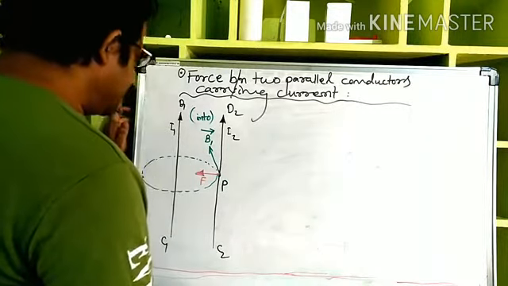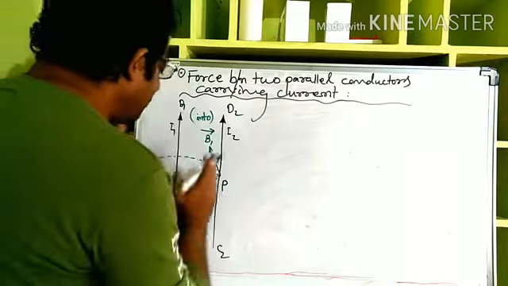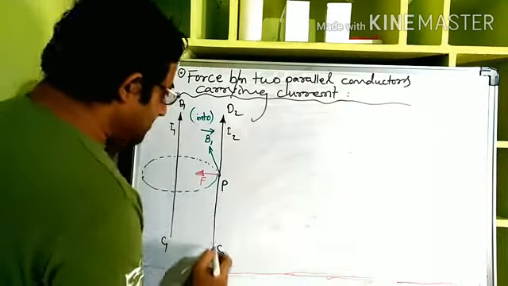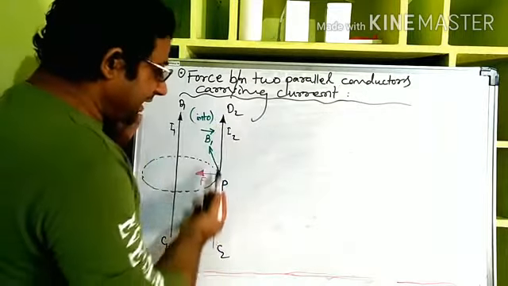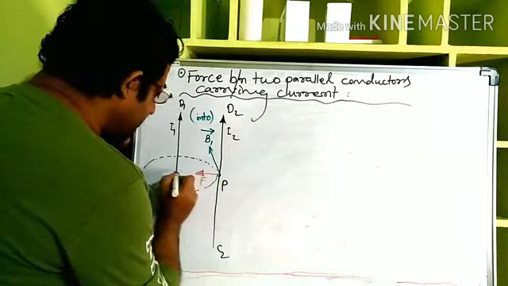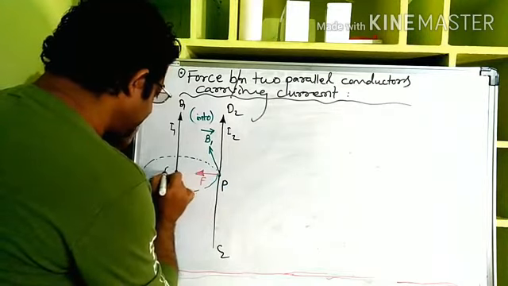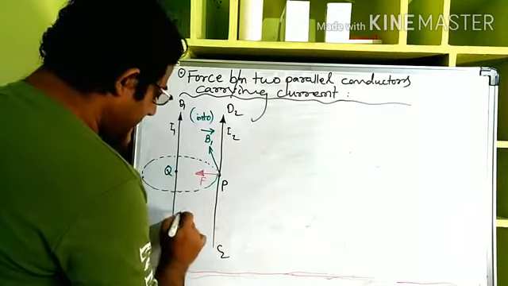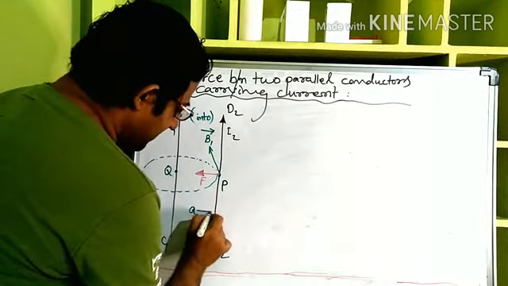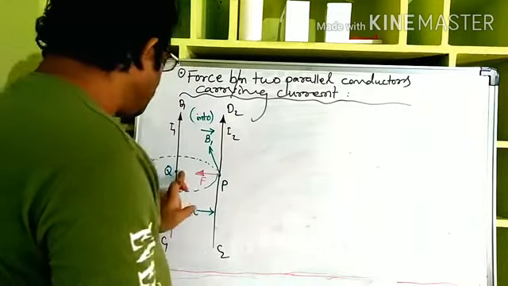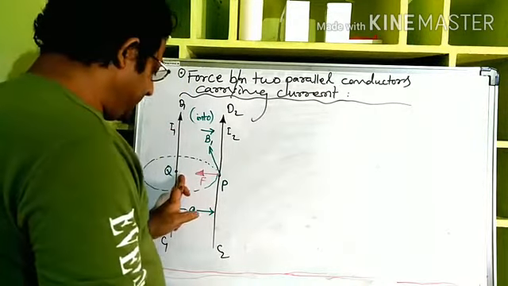Now, similarly, forget about C1 D1 and I1. Because of C2 D2, that is the current I2 along C2 D2, what is the force at Q? You find out. Let us say there is a point Q on C2 D2 and the distance between the wires is a, let us say. Some distance is there, right? So at Q, what is the distance?